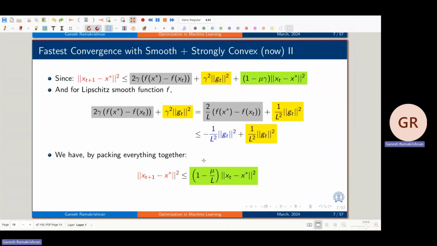But is that all? Will it be less than or equal to 1 also? I can also show that. Mu by L is also less than or equal to 1. So by multiplying by something between 0 and 1, this term is bringing a dampening effect to the term on the left hand side. It's becoming multiplicatively smaller.